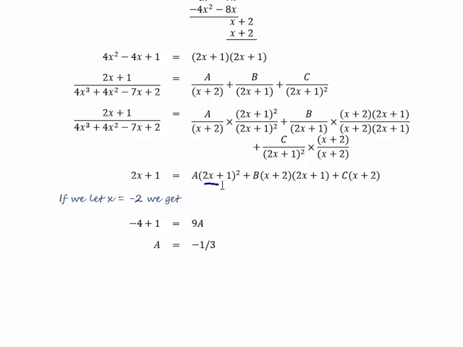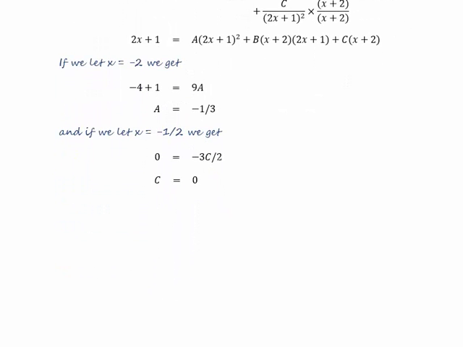So this bracket will go to 0, and so will this bracket, so that will give us an expression only in c. So if x equals minus a half, 2x is going to equal minus 1, so the left hand side will be 0. And on the right hand side we've got 2 minus a half c, which means that c is 0.